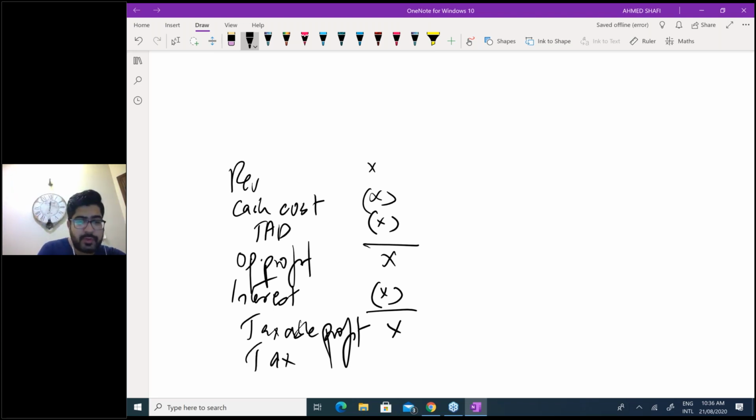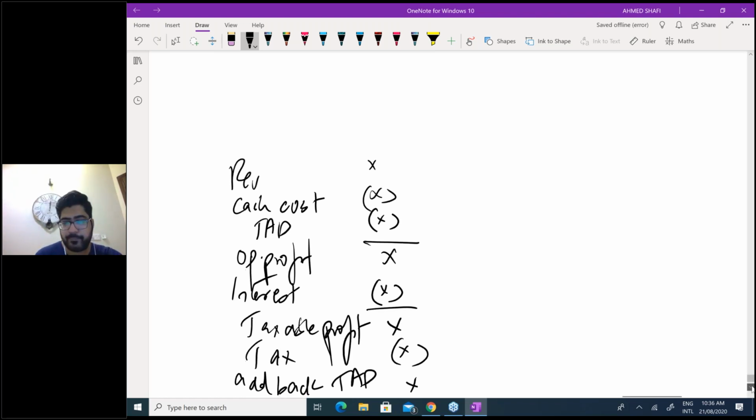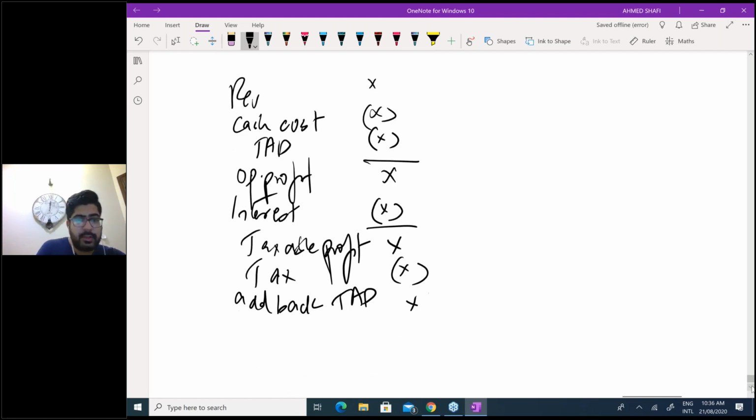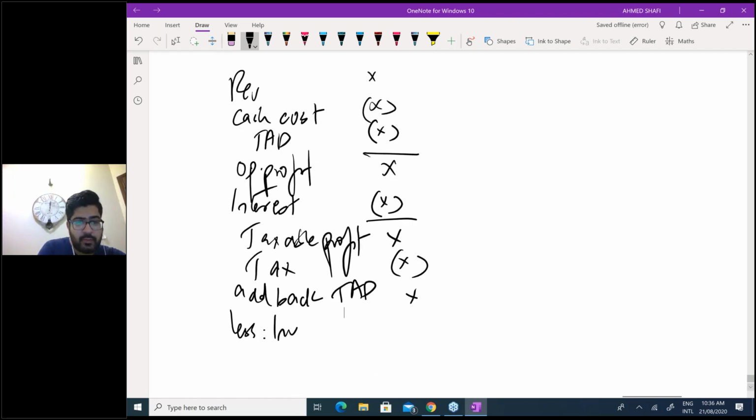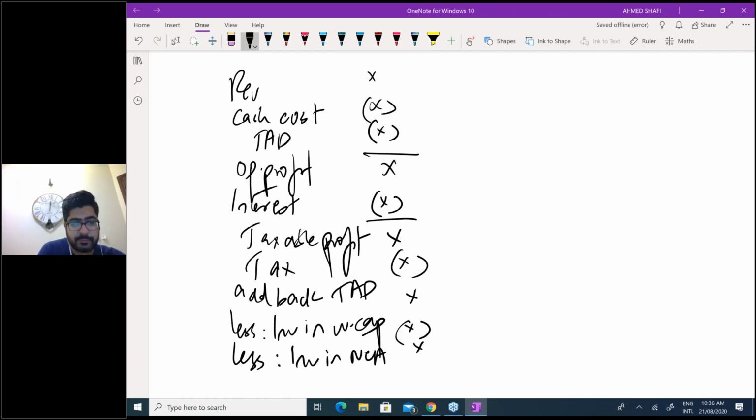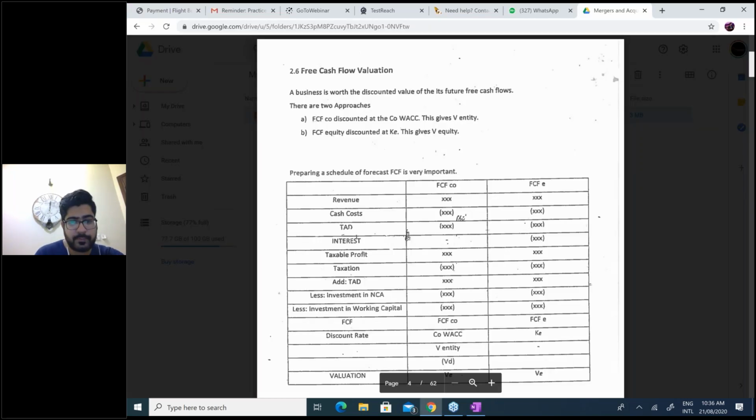On the taxable profit, you pay tax, then you add back TAD, less investment in working capital, investment in NCA, and you get FCF. There is one thing not present in the format, however obviously the answer would be the same.